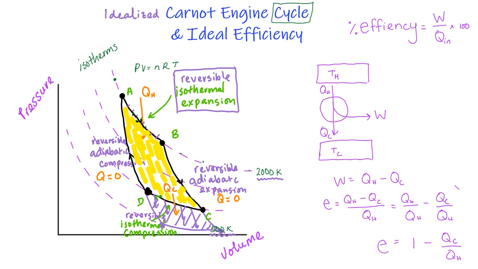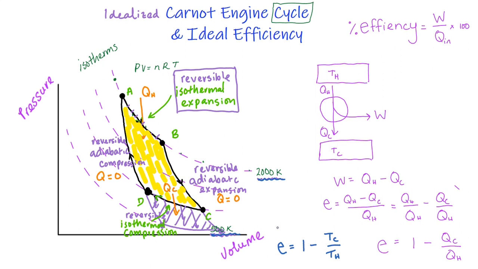And so what you can do with an ideal Carnot engine cycle is calculate the efficiency in a very specific way, and that is to do the following. You can do 1 minus Tc over Th. This is going to allow you to calculate the efficiency between the two isotherms rather than just with the heat ratio that you see in this case.